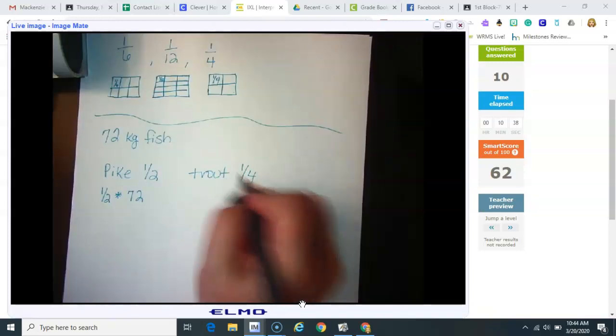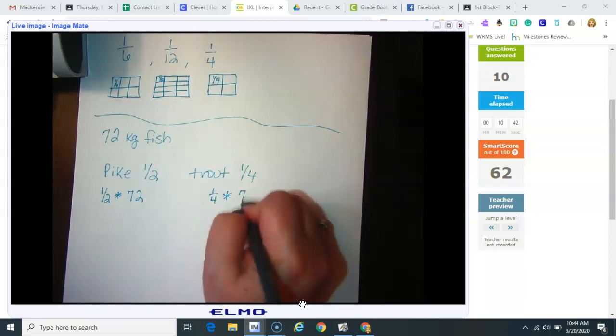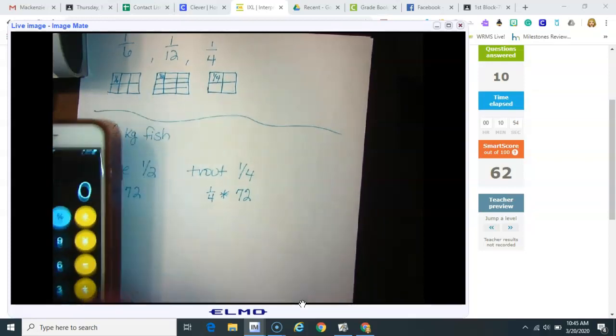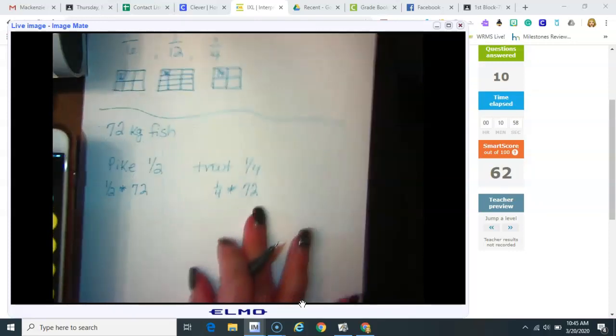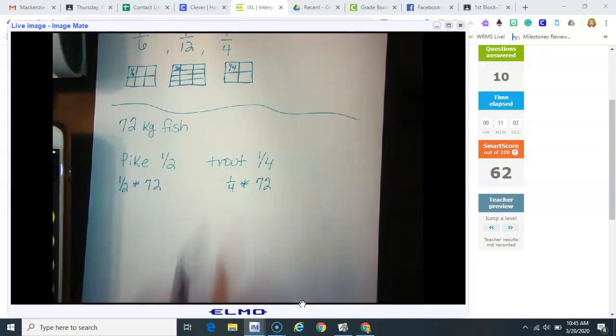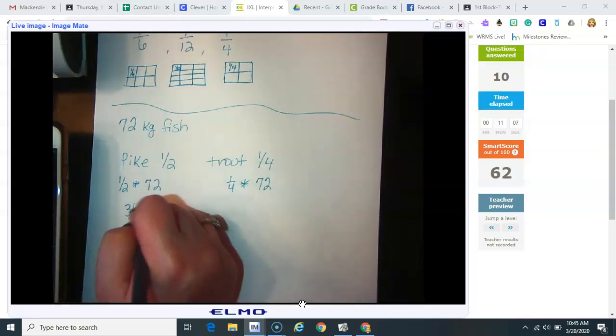And trout, 1/4 times 72. This would probably be a little bit easier if you had your school calculator because you could use fractions, but we can still do the math. 1/2, 1 divided by 2 is 0.5. So I have 0.5 times 72, and that's 36 fish, or 36 pike.